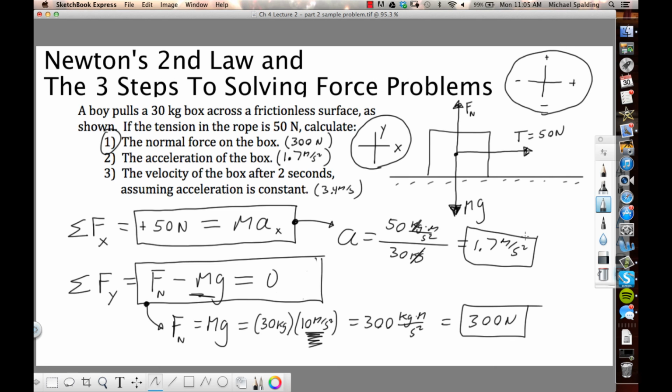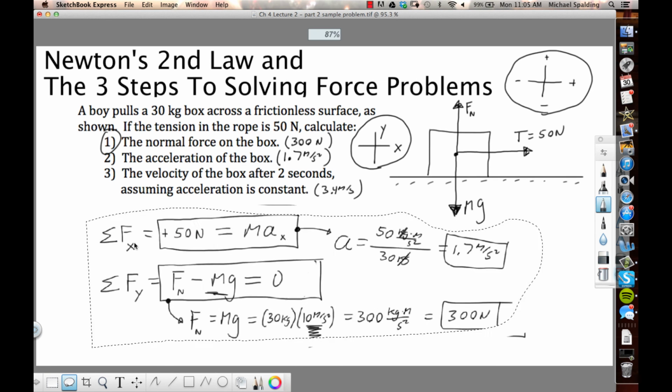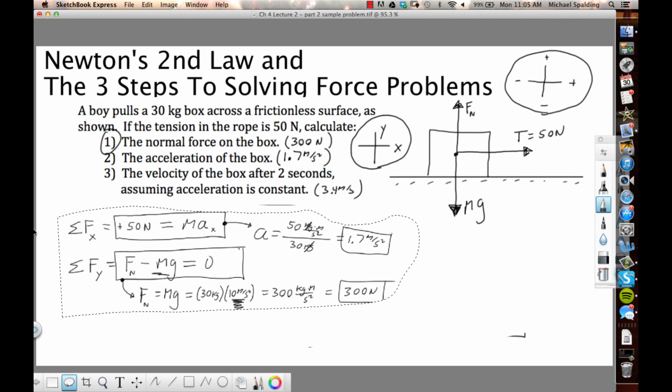And then lastly, what's the velocity of the box after 2 seconds? That's a motion equation, a kinematic. So let's do that. Let's shrink this down. The way you do number 3, you go V final equals V initial plus AT.